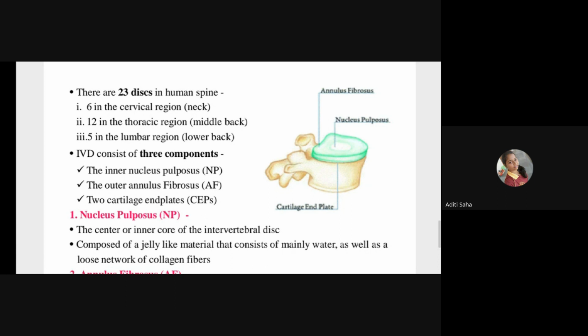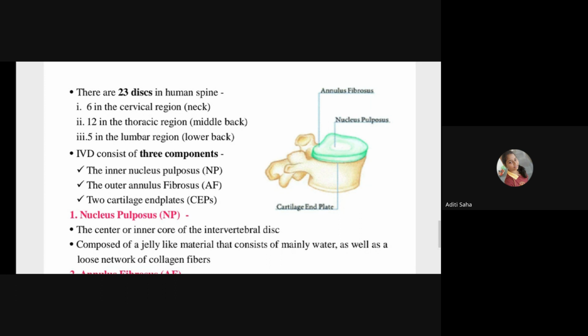So we can find 23 discs in the human spine or vertebral column. 6 in the cervical region. As we know, 7 cervical vertebrae are there, so in between 7 vertebrae, it is obvious we can find 6 discs because they are present in between them.